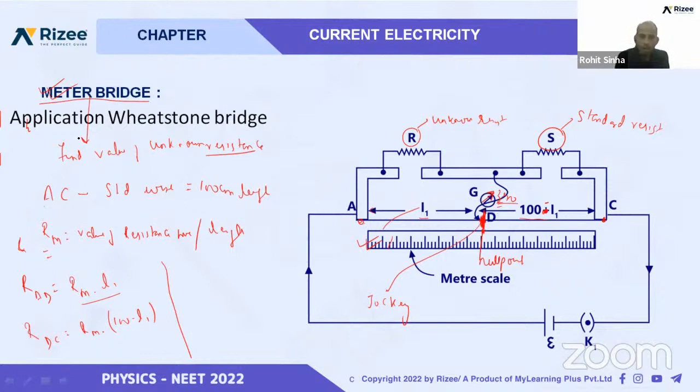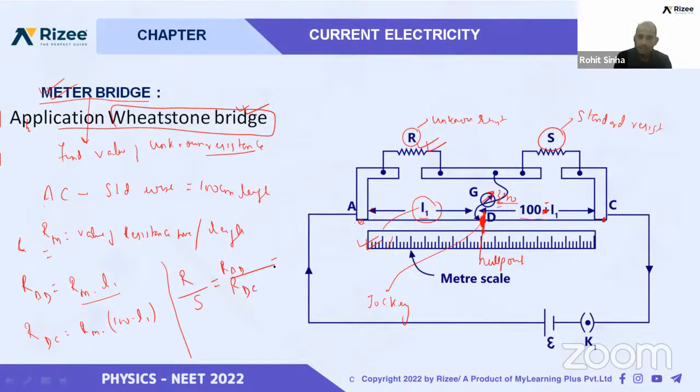Since we have a null point here, it is based on the concept of the balanced Wheatstone bridge, which we studied in yesterday's class. So R by S is equal to RAD by RDC.